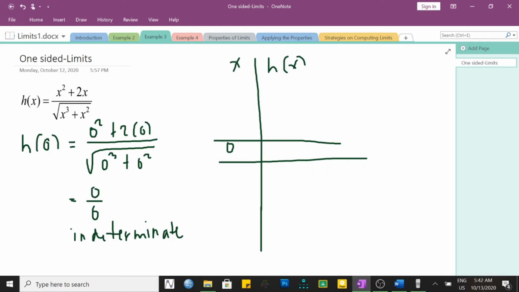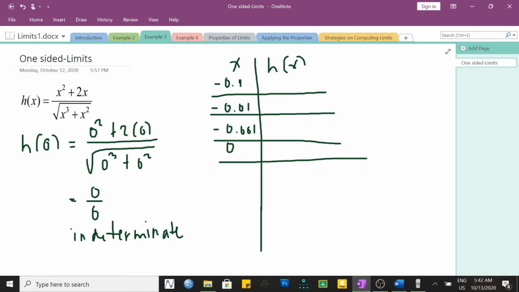Maybe we can say it's negative 0.1, that's close, or negative 0.01, or negative 0.001. From the right side of 0, it's the positive equivalent of what we have identified.